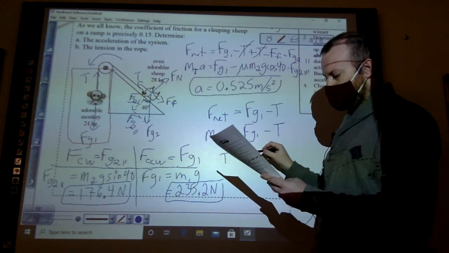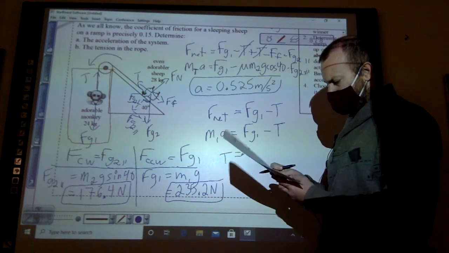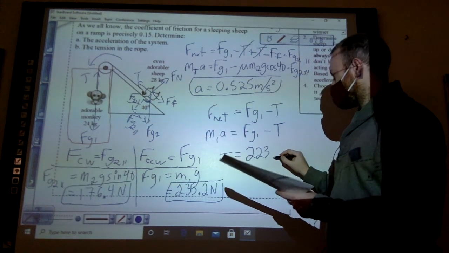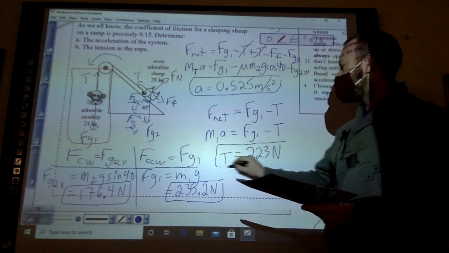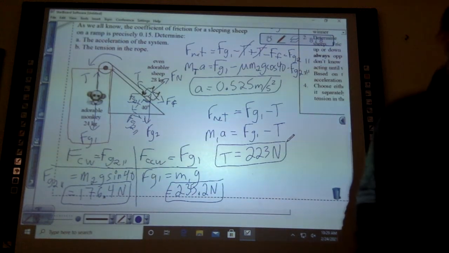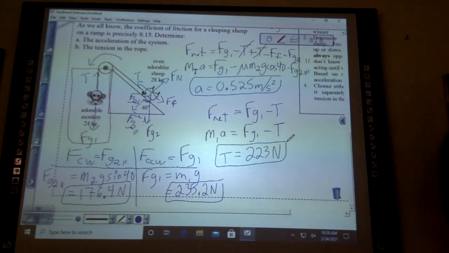Doesn't matter. But you get tension is 223. But if you got 222, I would still consider that right. Any questions about the tension portion of this? The tension is the easy part.